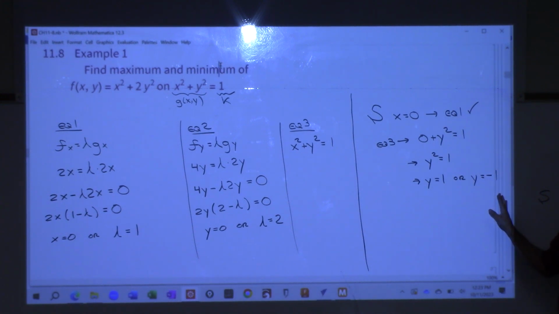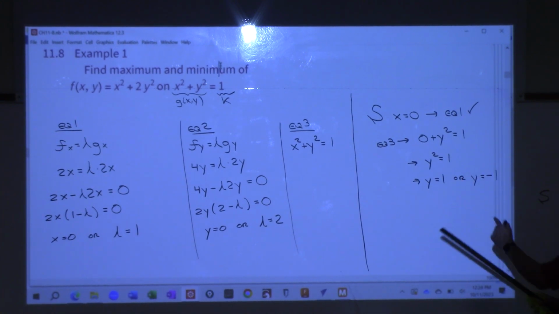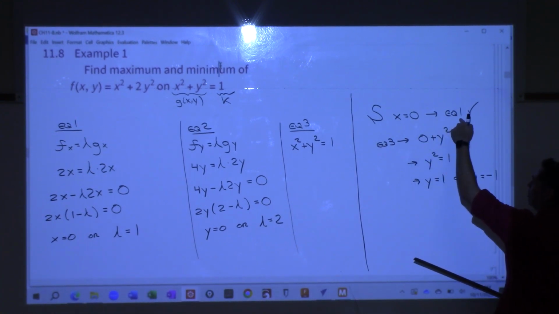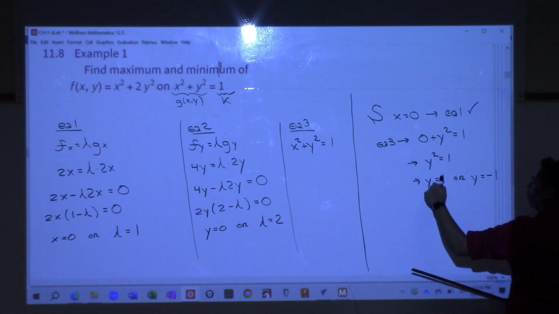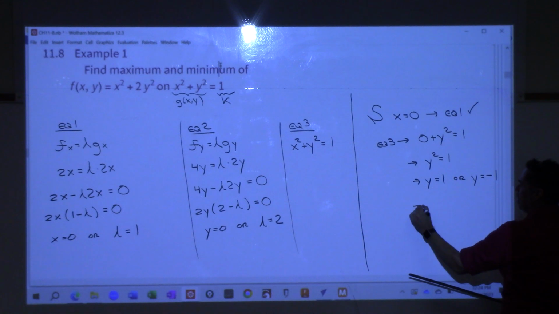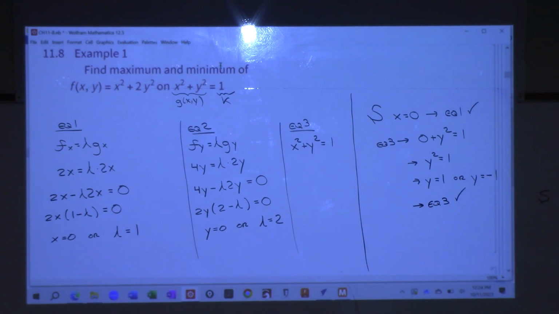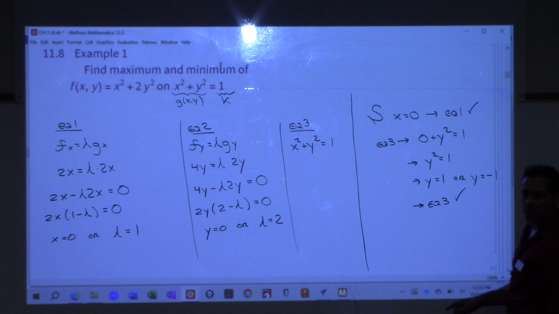Now, that would satisfy what equation? If x is 0, equation 1 is satisfied. Equation 3, y would have to be plus or minus 1, right? Which would mean that equation 3 is satisfied? But what about equation 2? We need to satisfy equation 2.